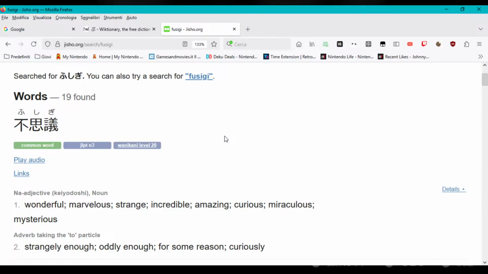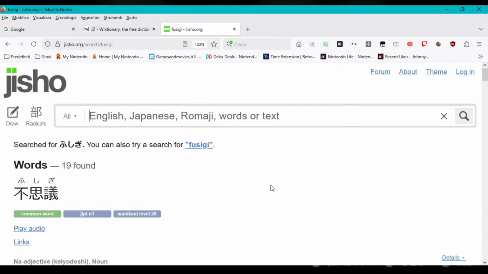And so, yeah, if we want to say, for example, as we have seen, the word fire, a strange fire, we would say fushigi na hi. Fushigi na hi. But of course, we'll see these aspects again when we see actual sentences.